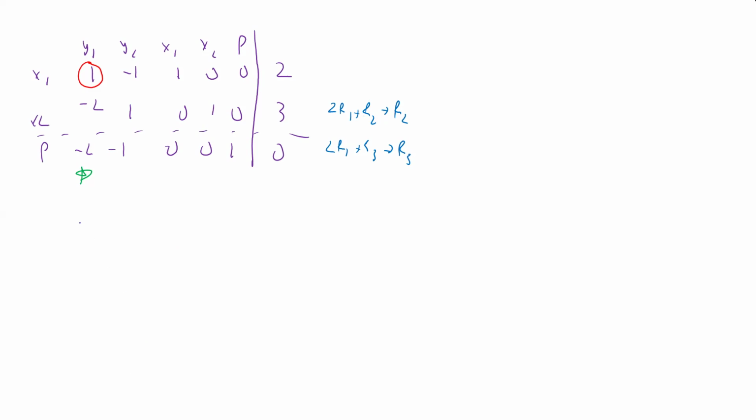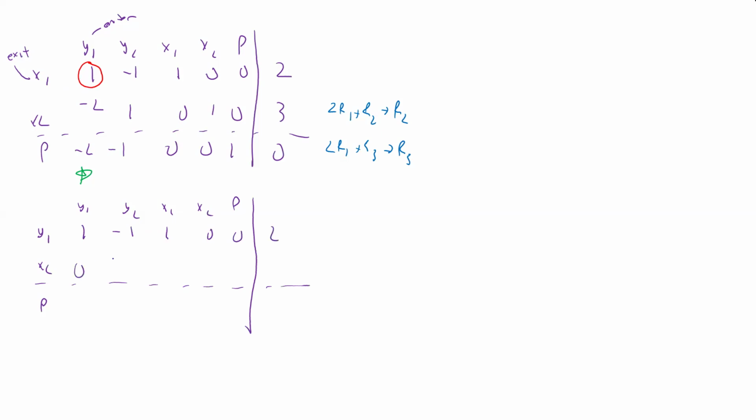Going back over here, now this is the enter, and this one is going to exit. So now we have y1, y2, x1, x2, p. And so first row stays the same. Second row: minus 2 plus that is going to be 0.